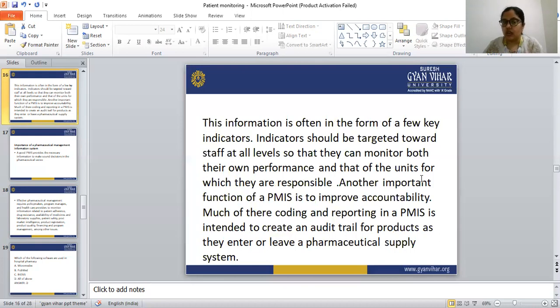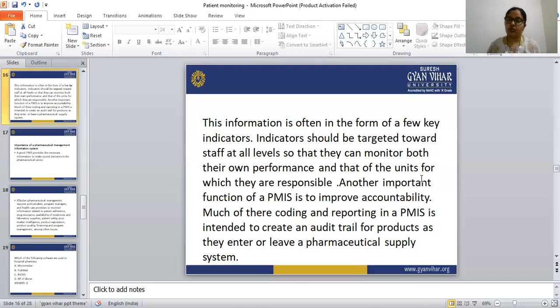And I have talked about the pharma information system. This pharma information system is very useful in the pharmacies, because with the help of the computer the pharmacist can find out if there is any drug interaction, drug food interaction, or if there is any allergy for that particular patient.